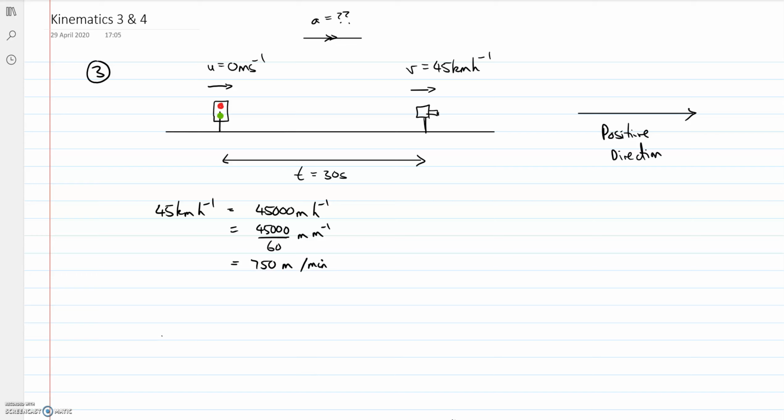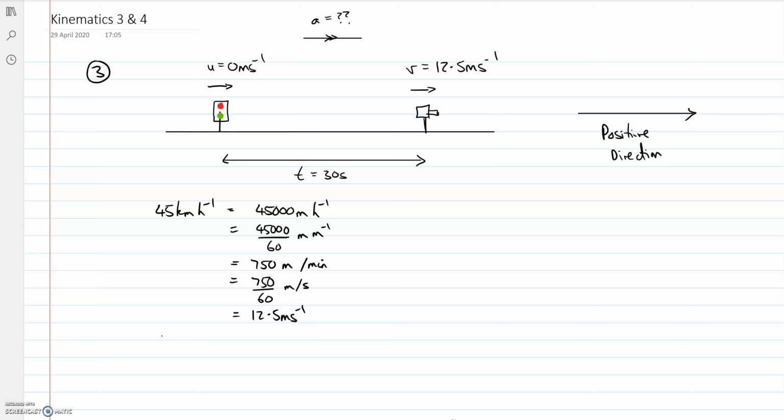I'll just write it as per min, for it looks a bit nicer. And then per second is going to be that divided by 60, to give us meters per second, which is 12.5 meters per second. So I'm just going to replace this up here with 12.5 meters per second.